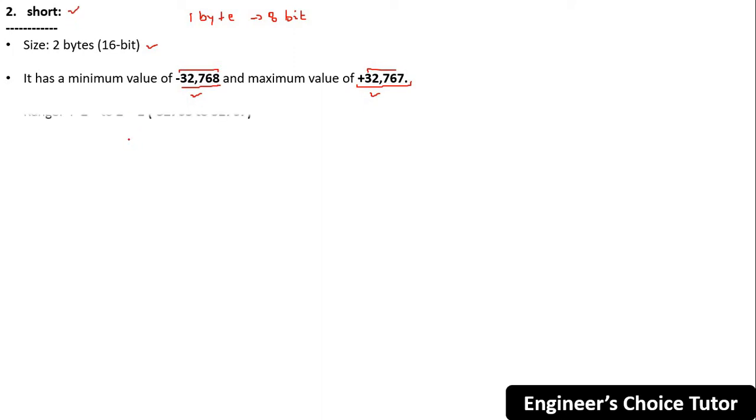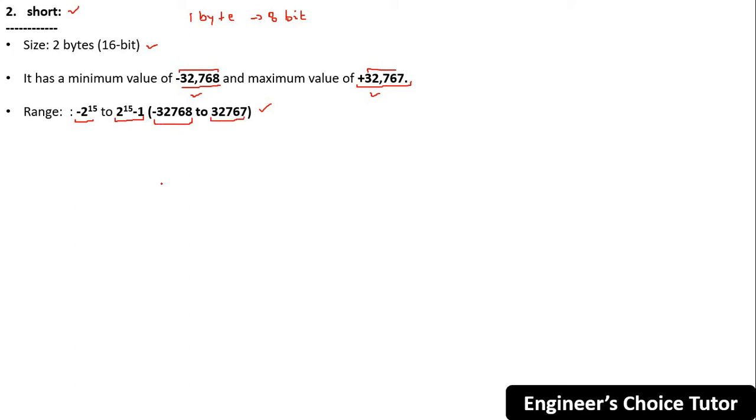So what is the range? Simple formula: 16 bits means minus 2 to the power 15 to 2 to the power 15 minus 1. It can allow values from this to this.